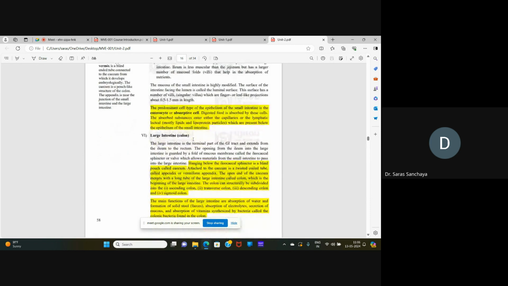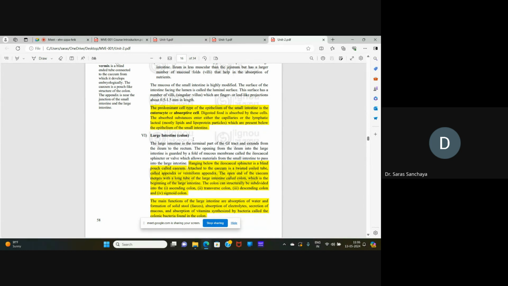Then we come to the large intestine. Large intestine starts with cecum, colon, and rectum. Hanging below the ileocecal sphincter is a blind pouch called cecum, and attached to the cecum is a twisted coiled tube called appendix or vermiform appendix.